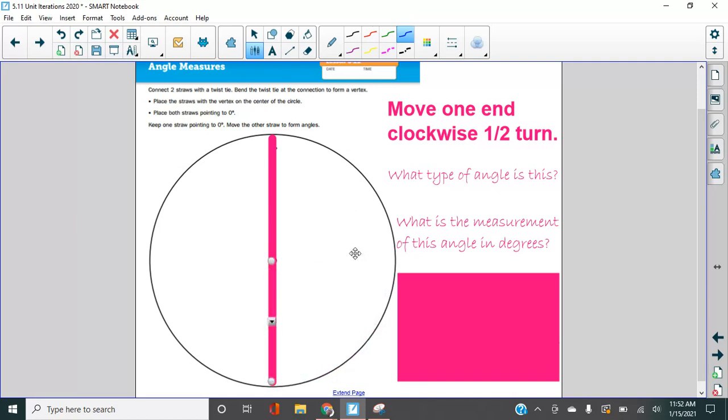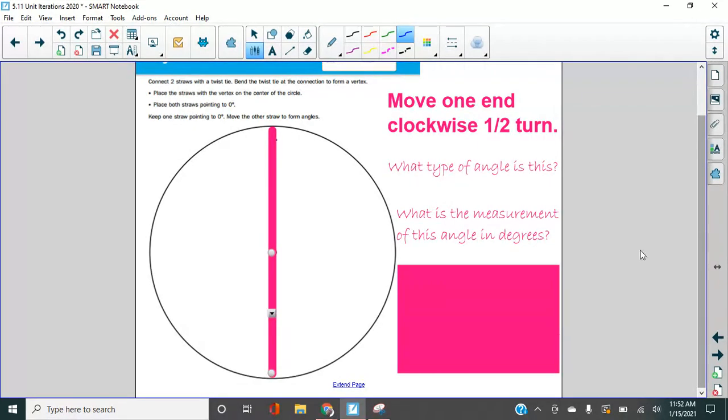I was open 90, and then I opened 90 degrees more. What's your guess? How many degrees now do you think? I know you probably don't know, but what do you think? I was open 90, and then I opened it 90 more. If you said 180, you're right. If you didn't, that's okay. We're just learning this for the first time. So this is 180 degrees.